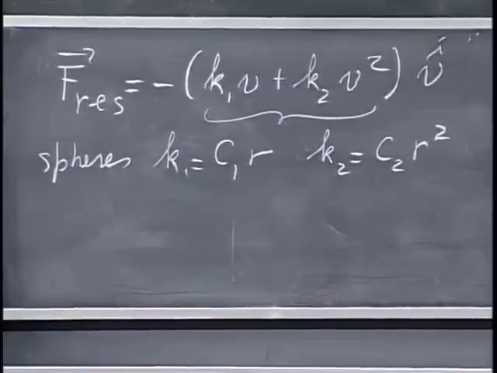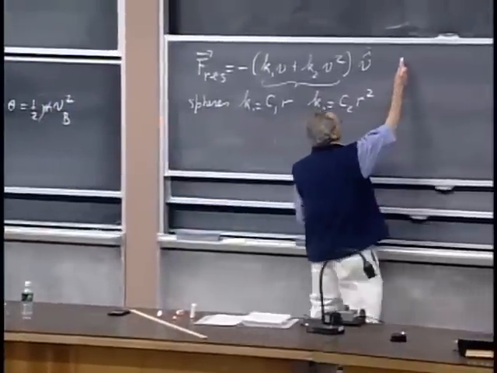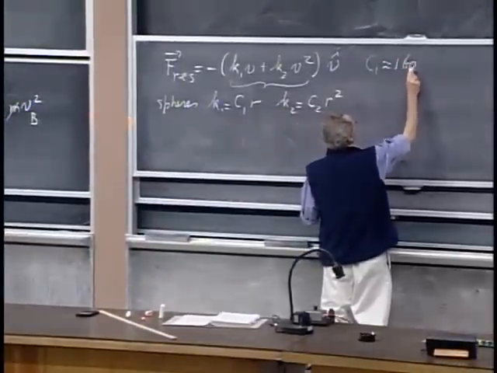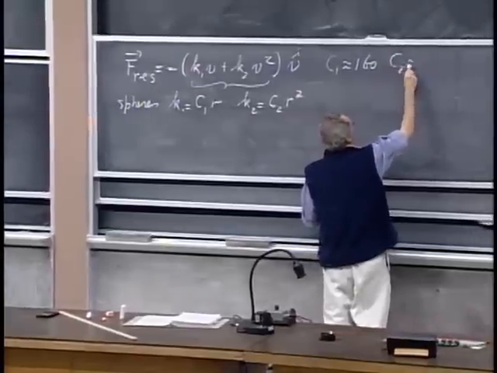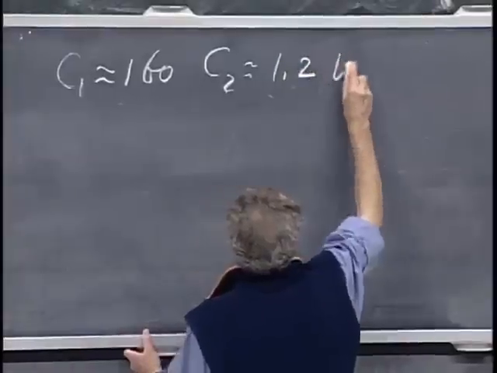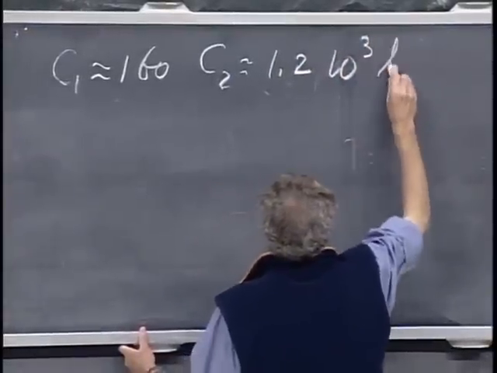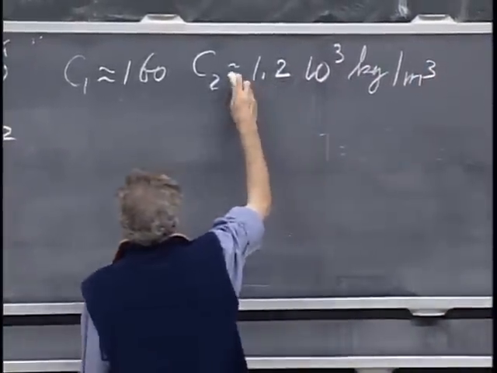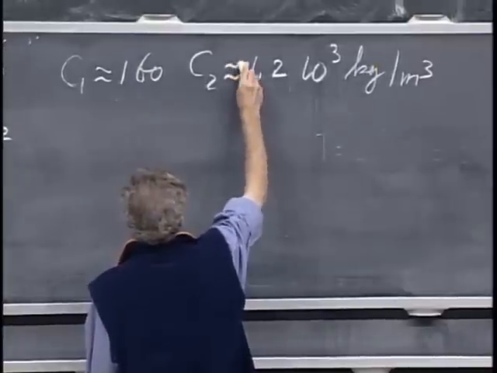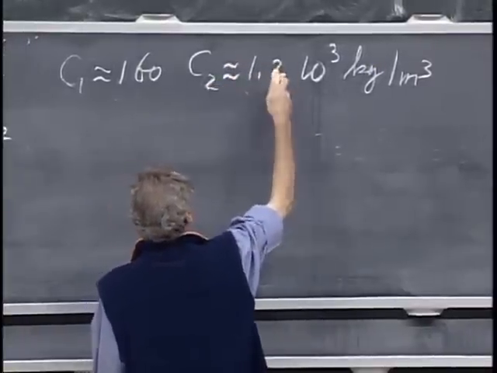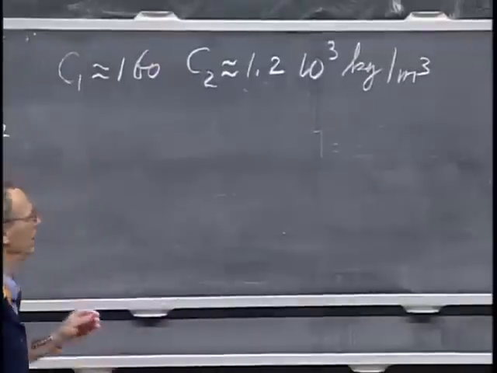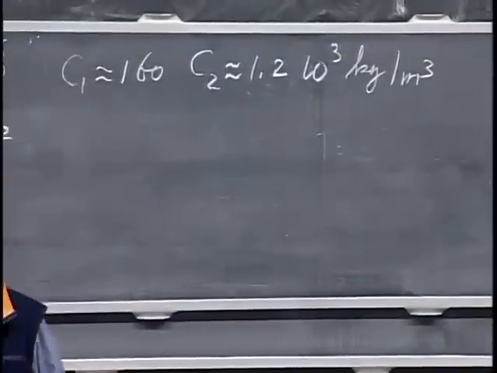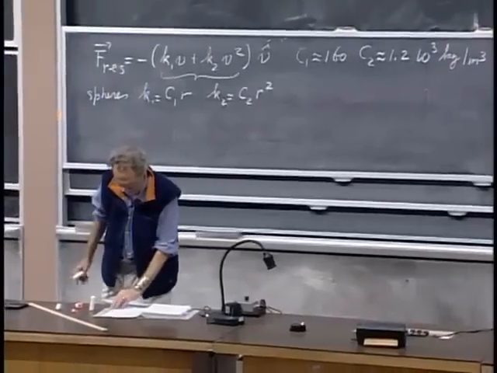This was a syrup for which c1 was approximately 160, and c2 was about 1.2 times 10 to the third kilograms per cubic meter. I always remember the units of this, because that's always density. In fact, it's always a little smaller than the actual density of the syrup itself. This is a more complicated unit, but you can figure that one out for yourself.